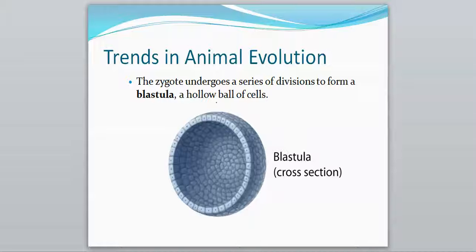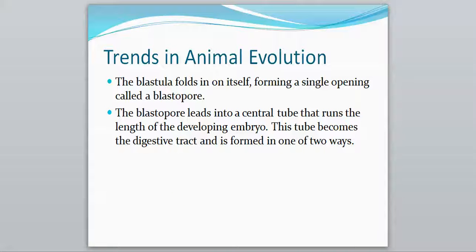They just look like a hollow ball of cells that is formed after the sperm and the egg have come together. The blastula will then fold in on itself, forming a single opening called a blastopore. This blastopore will lead into a central tube that runs the length of the developing embryo. This tube becomes a digestive tract, and it's formed in one of two ways.